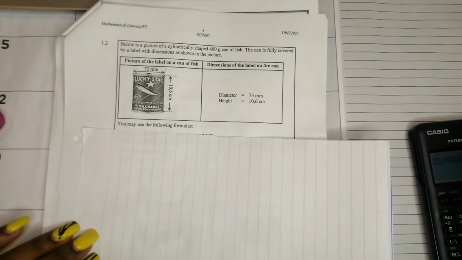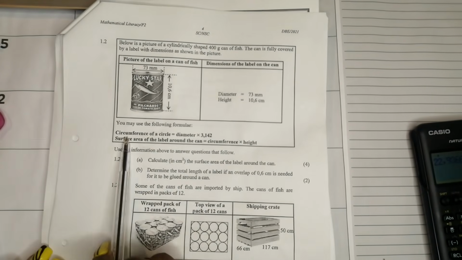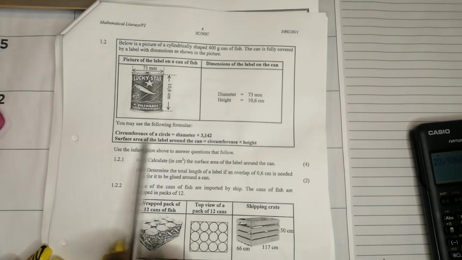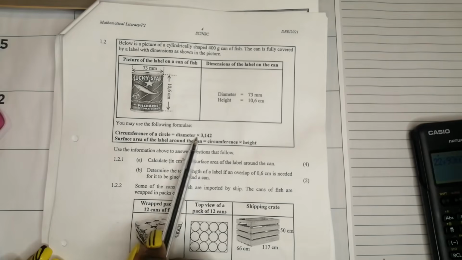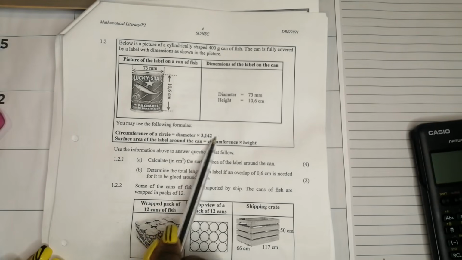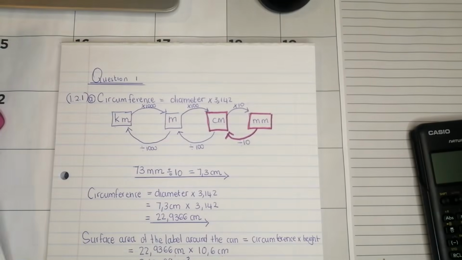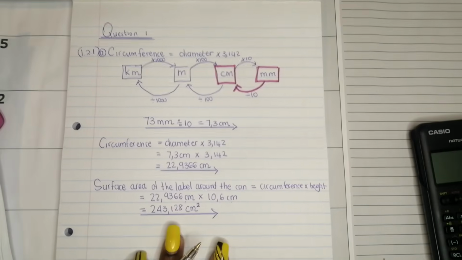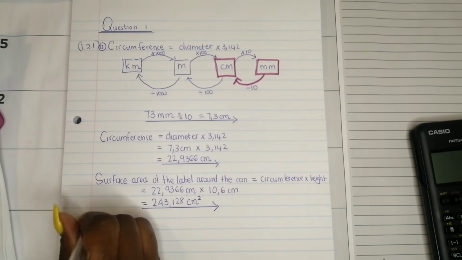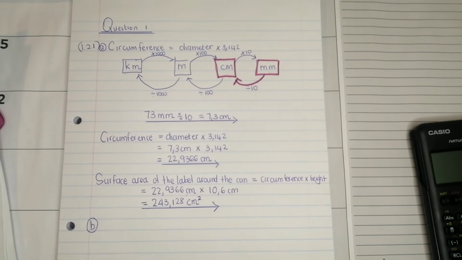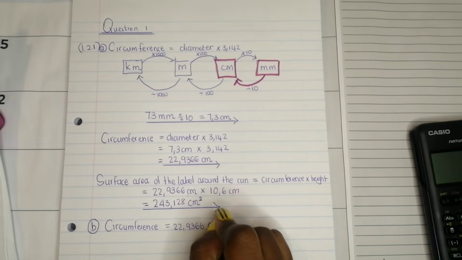And how do we calculate the circumference of a circle? We calculate it by using the formula that was given to us, which is diameter multiplied by 3.142. We've already calculated the circumference, and we found that the circumference of this circle is 22.9366 centimeters.